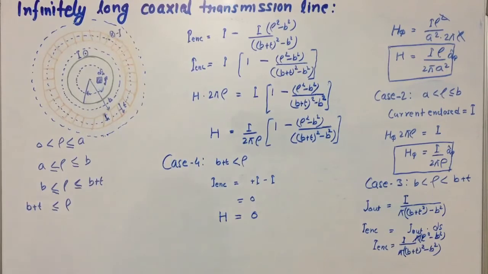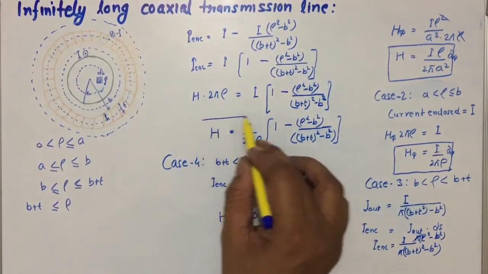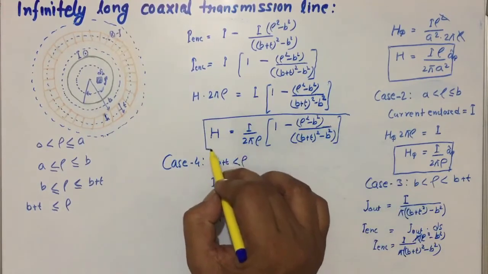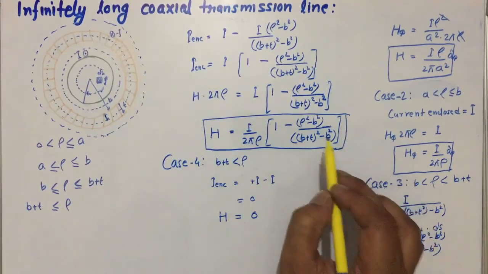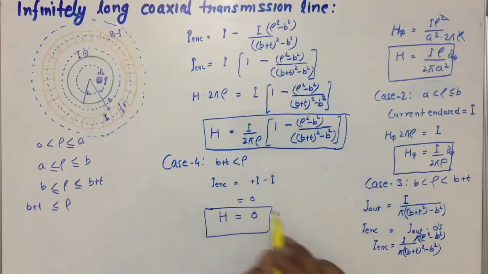Then from here we get H is equal to 0. So what we obtain is that outside of the coaxial transmission line, the magnetic field intensity is 0.